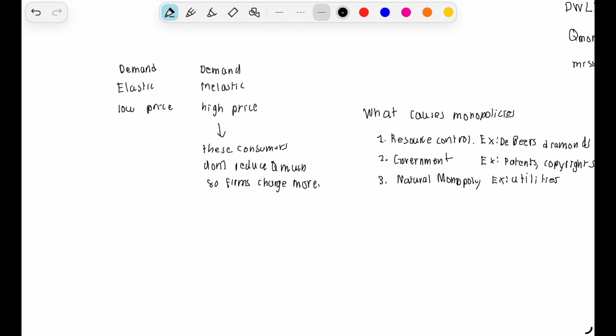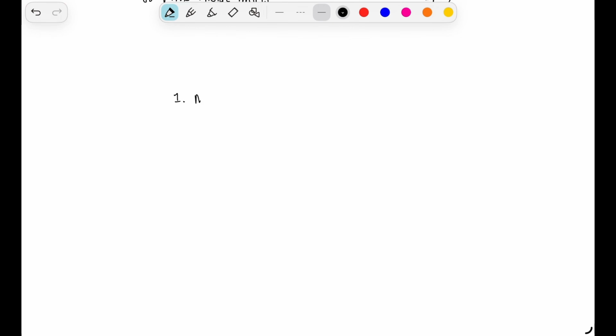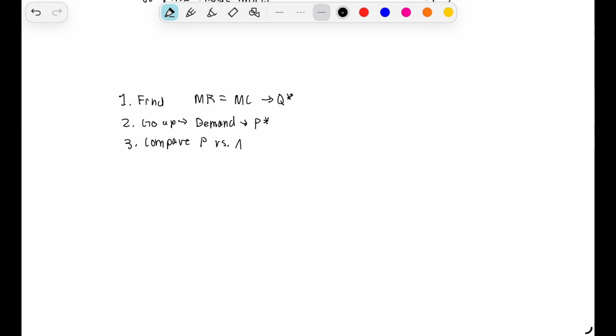Now, how do you examine a graph? Your first step is you have to find where on your graph MR is equal to MC, and that's going to be your Q. Then you go up and you find your demand, that's P. Then you compare your P versus your ATC, and that will tell you if you have a profit or loss.